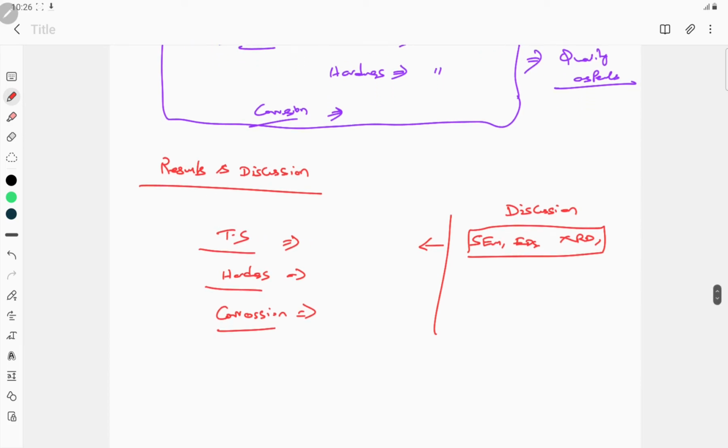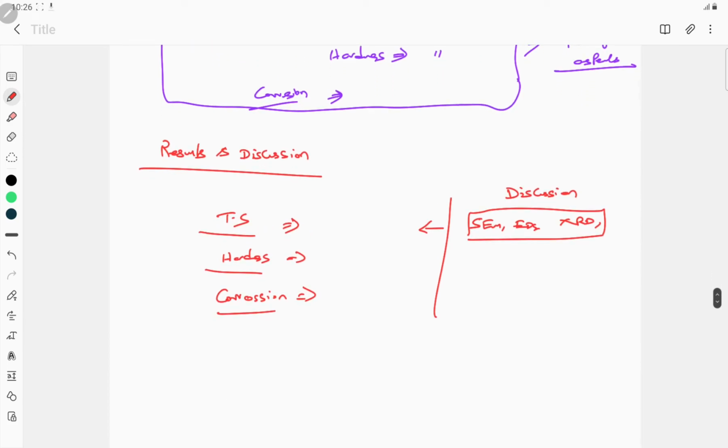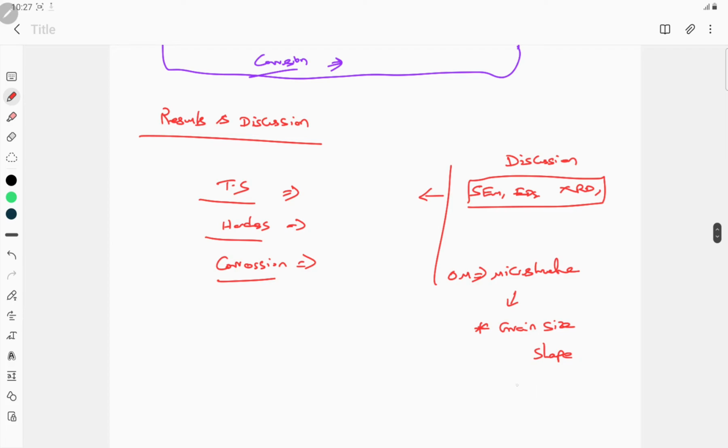Okay, so it is like a justification study. Okay, generally in an optical microscope you will be getting information related to the microstructure. You will take microstructural images where you can get information related to grain size, shape of the grains. Okay, and then you will get information related to the phases present.